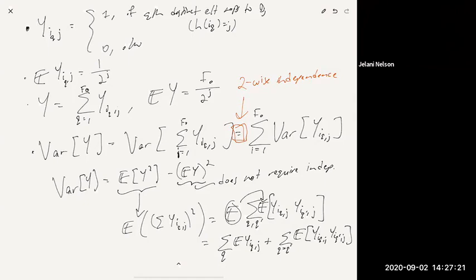It would be 1 over 2 to the j times 1 over 2 to the j, the square of 1 over 2 to the j. Normally, the expectation of the product would be the product of the expectations: the expectation of y_{i,q,j} times the expectation of y_{i,q',j}.